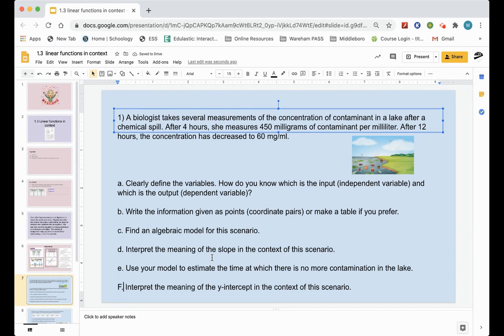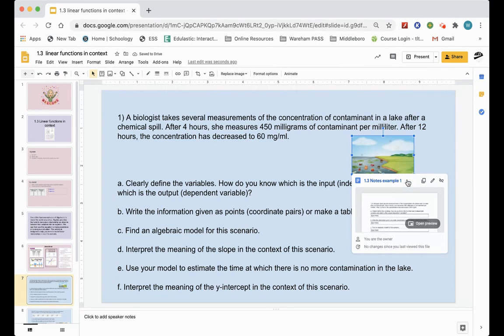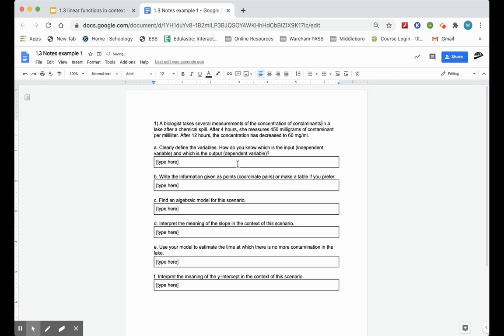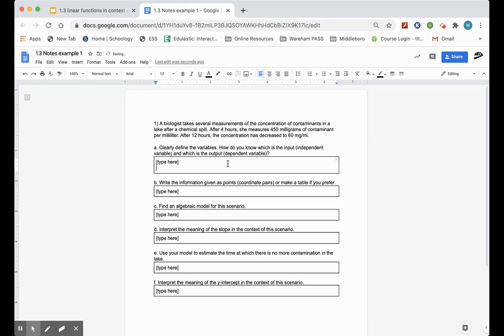So at this point, what you want to do is go to the attached notes that I have given you, and you can see that you can type your work right here. So the first thing we want to do is define our variables. So our independent variable is time.